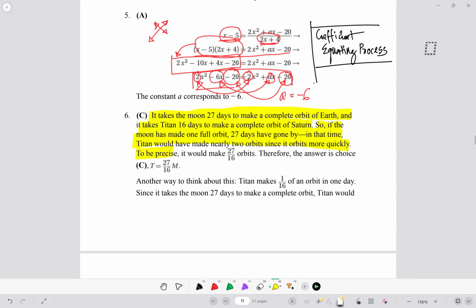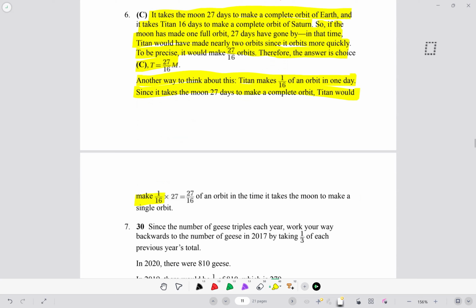To be precise, it would make 27 by 16 orbits. Therefore, the answer is choice C, 27 by 16. Another way to think about this: Titan makes 1 by 16 of an orbit in one day. Since it takes the moon 27 days to make a complete orbit, Titan would make 27 by 16 of an orbit in the time it takes the moon to make a single orbit.